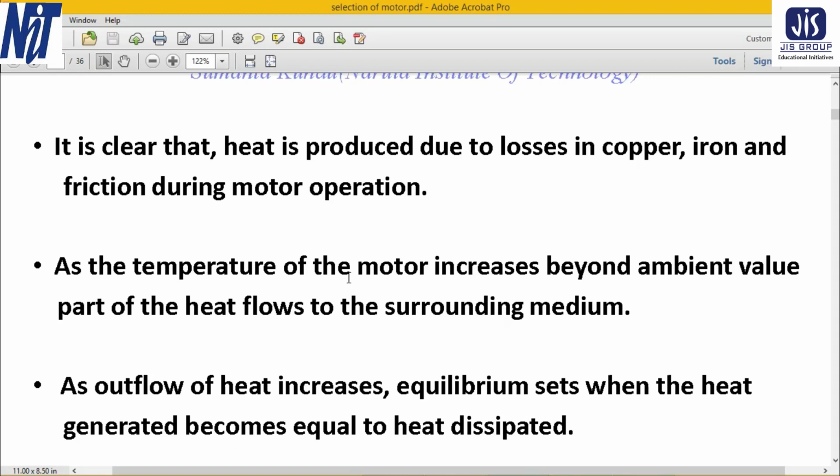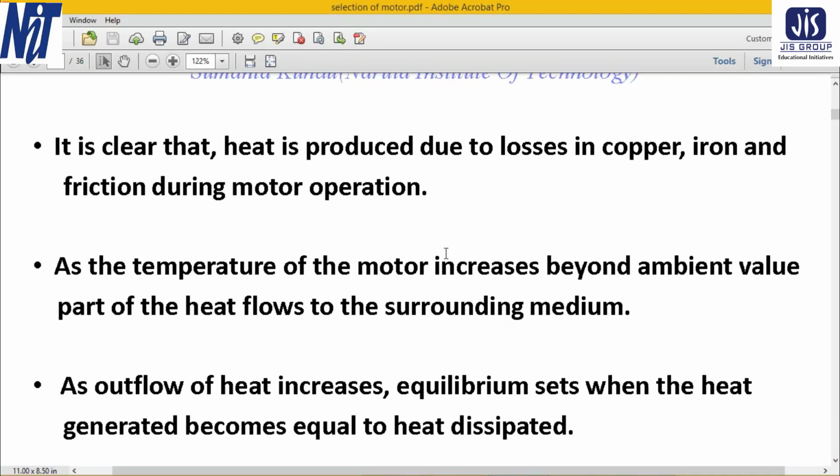Now, what you should be very clear about: the amount of outflow of heat is basically a function of temperature rise of the motor.